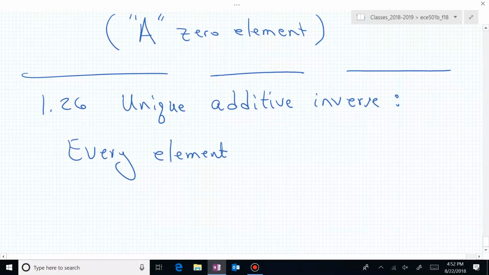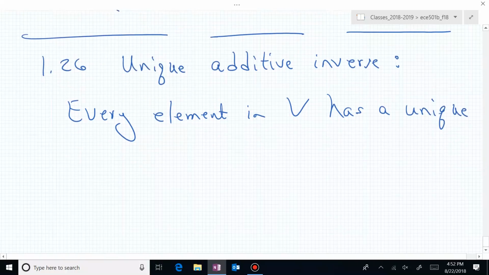Every element in V, and this gets back to an earlier question about whether there is an additive inverse, every element in V has a unique additive inverse.